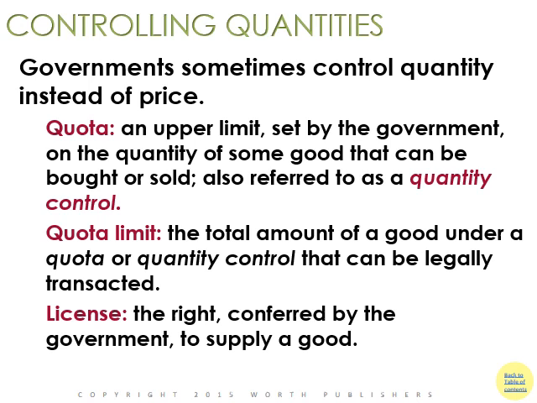A last type of government control that we're going to look at is, instead of controlling price, controlling the quantity of some good or service. In other words, set a limit on the amount that can be produced in a particular market.